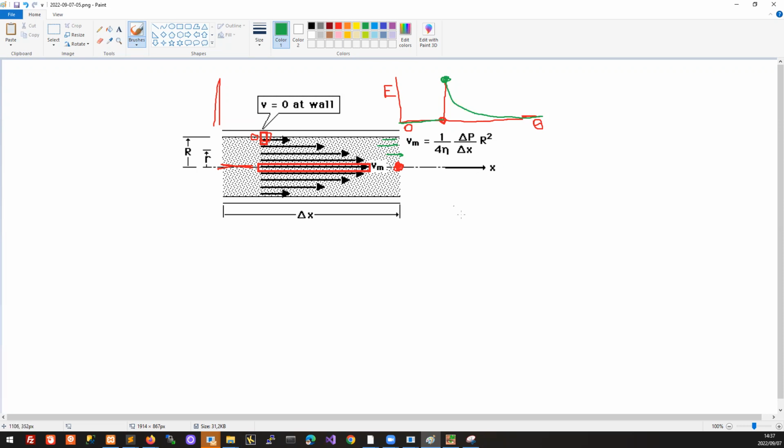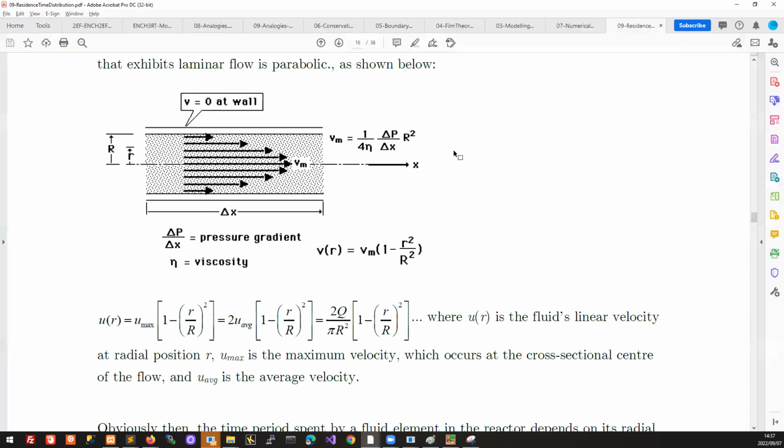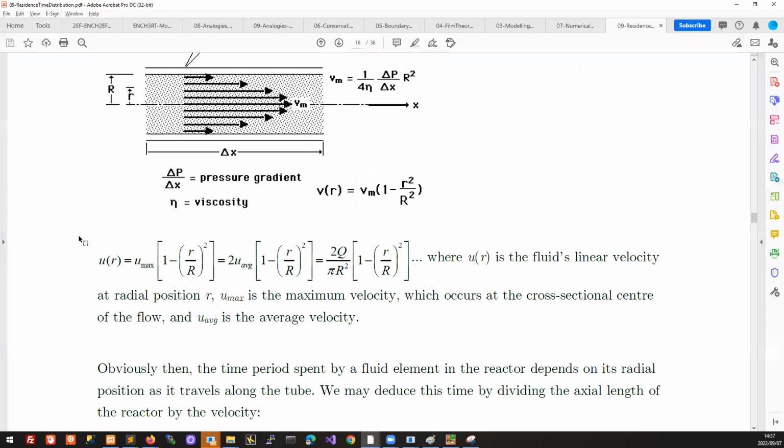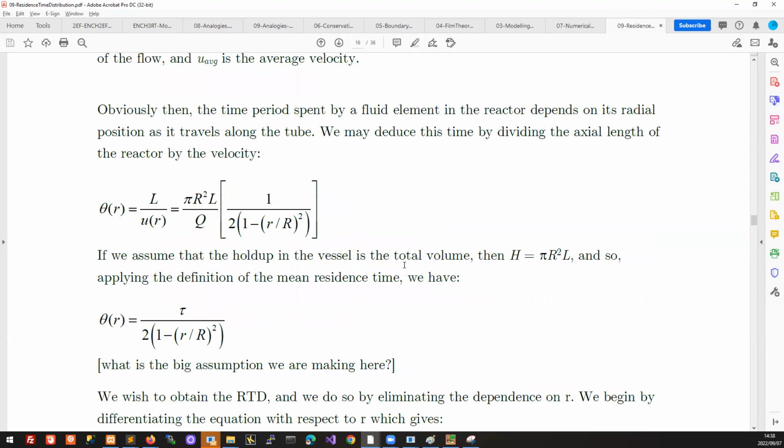And so it almost looks like a PFR in series with a CSTR. That's not what it is. This is not an exponential decay. This is actually a cubic decay. If you follow the derivation, it's because we have this parabolic velocity profile. We know in laminar flow we have a parabolic velocity profile.